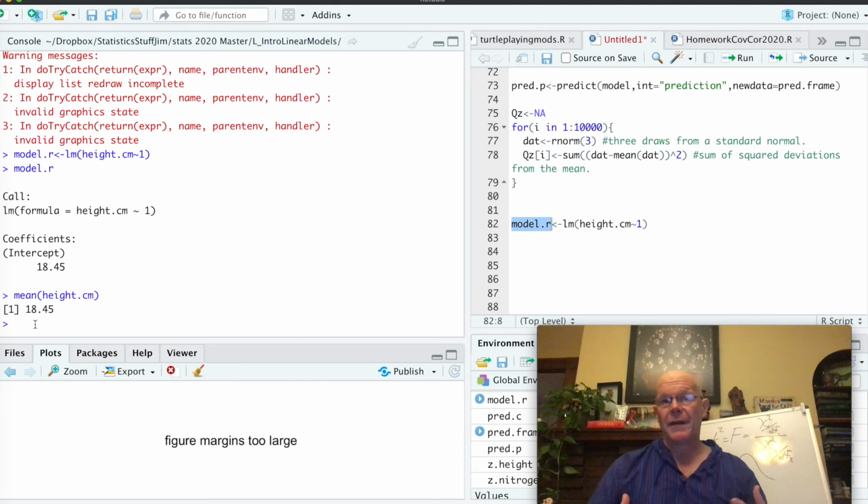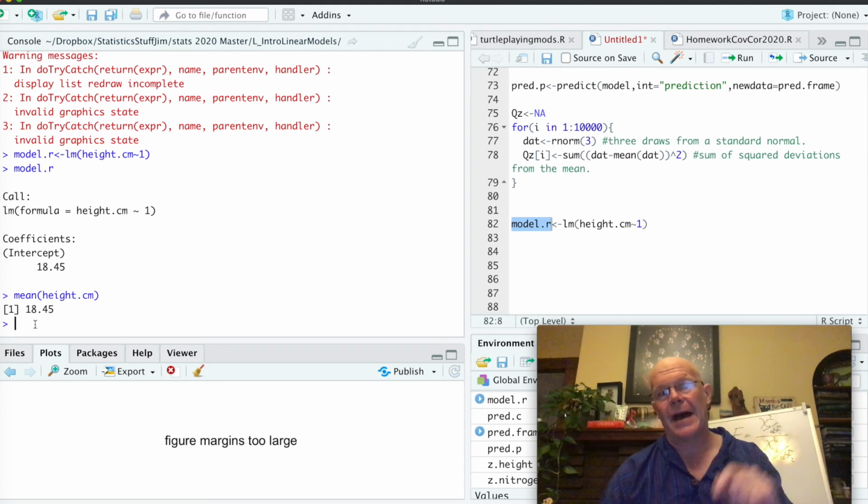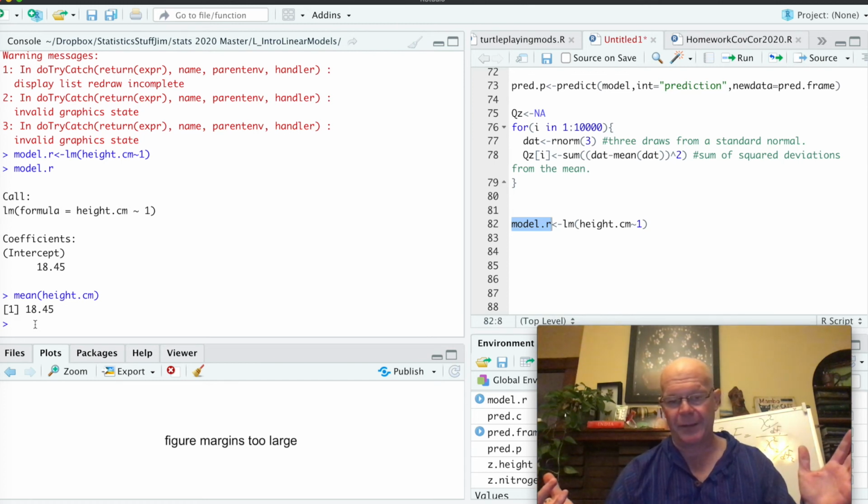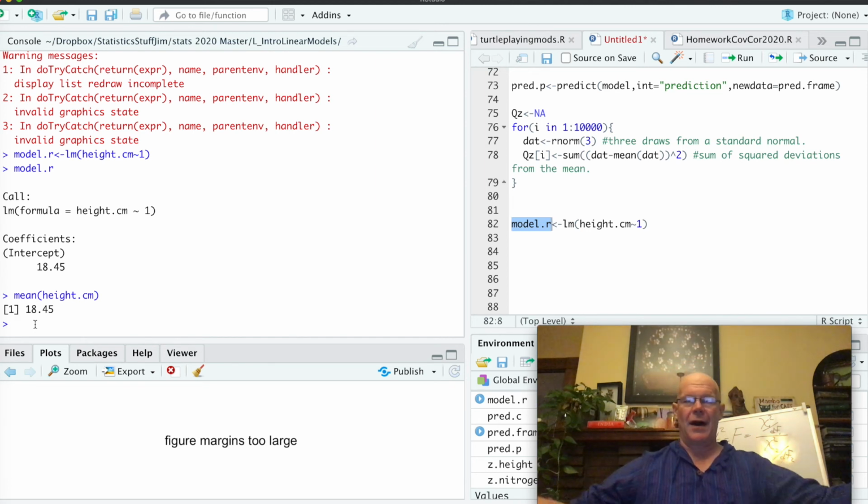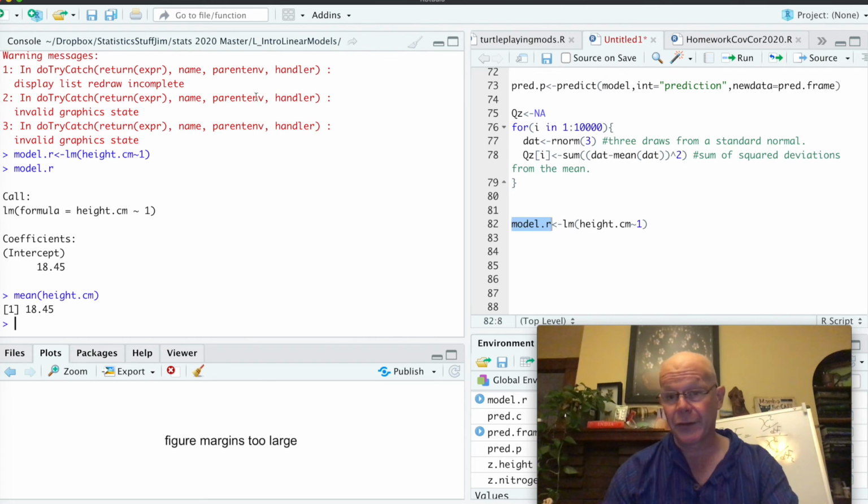And so when we're doing this analysis of variance, what we're asking is, is it worth estimating a slope, meaning that that expected value should change as a consequence of my predictor? Here the predictor is nitrogen. Or is the best I can do to simply say, here's the mean and the standard deviation of height, and I don't know how to predict any better than that? And so we could compare those two models.